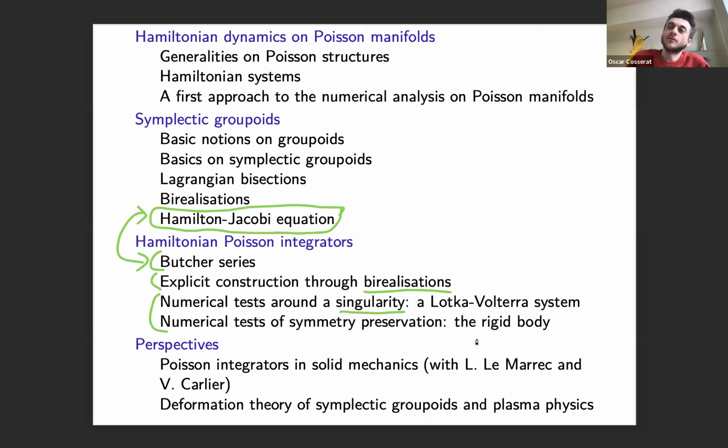And the rigid body is a nice example to observe how well these numerical methods preserve the symmetries, and in particular the leaves of the symplectic foliation.